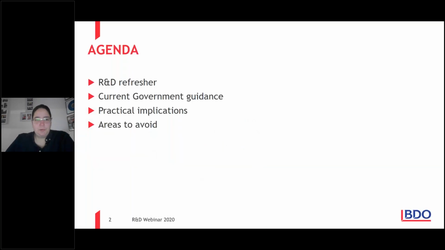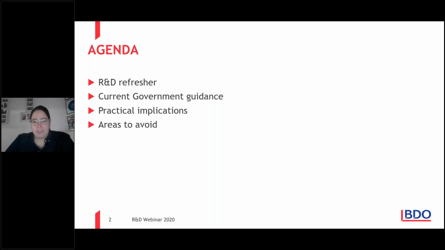We will go through just a very quick refresher on what the tax incentive is, how descriptions need to be structured, what is the current government guidance. So there will be this mix of the information that's released publicly online mixed in with the information you get from them when you are in compliance with them and you're having those one-on-one discussions with them.